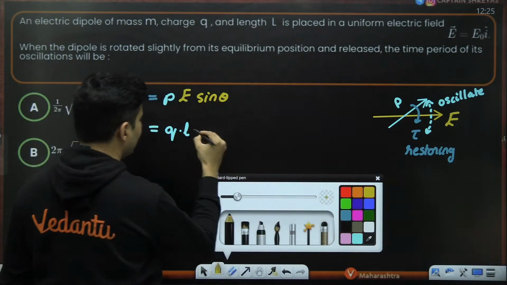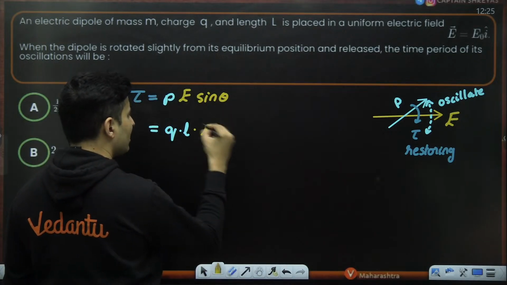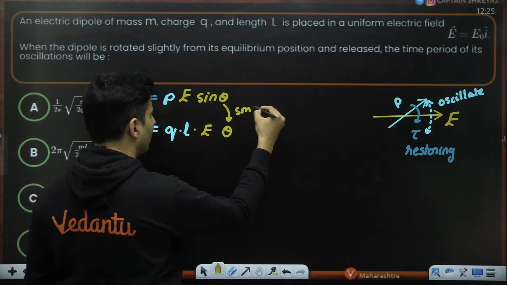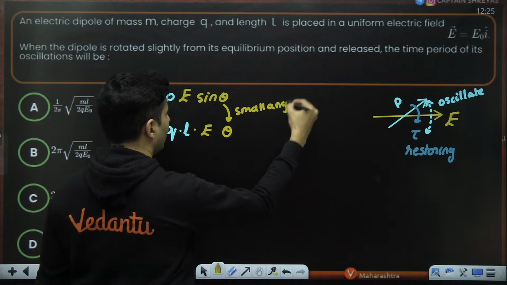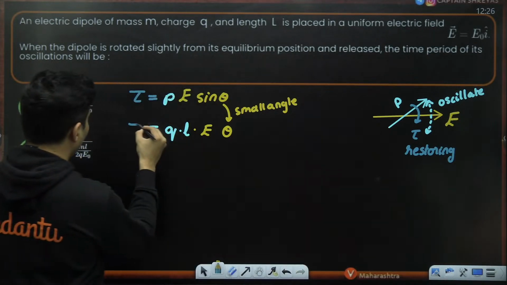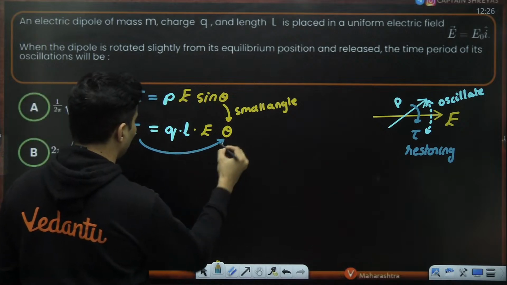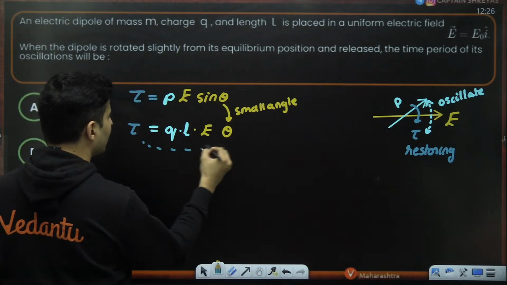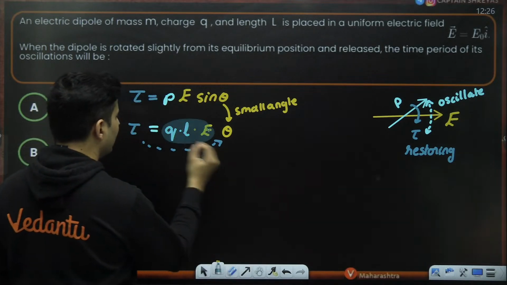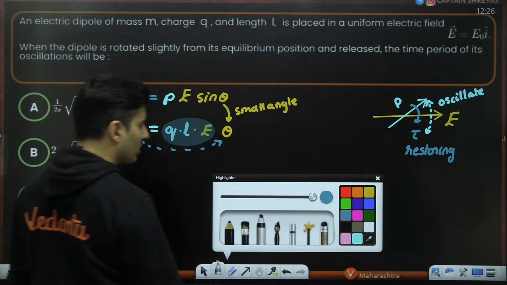Electric field will be as it is, so I'll put E. But for small angles, sine theta will be theta. This is your small angle approximation. As you can see, our torque is directly proportional to theta. Whenever torque is directly proportional to theta, whatever is there inside becomes your constant of proportionality.